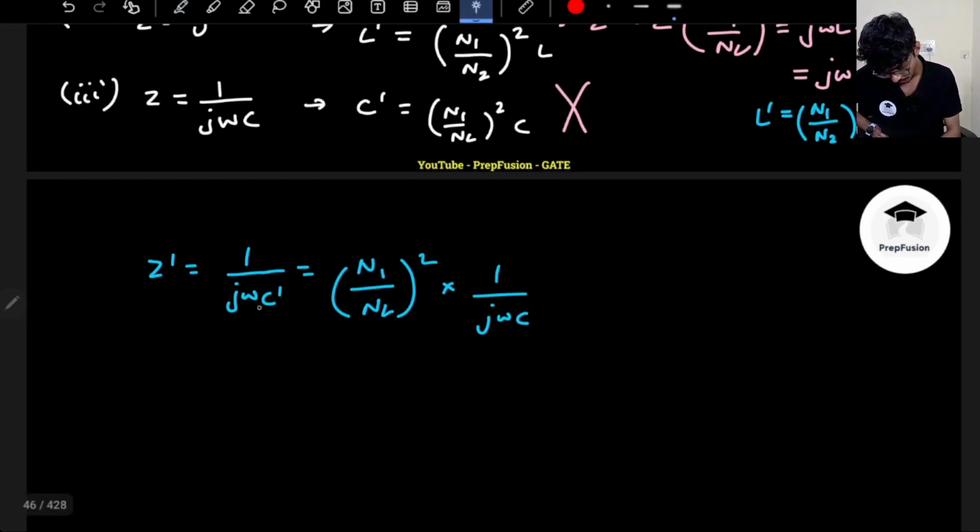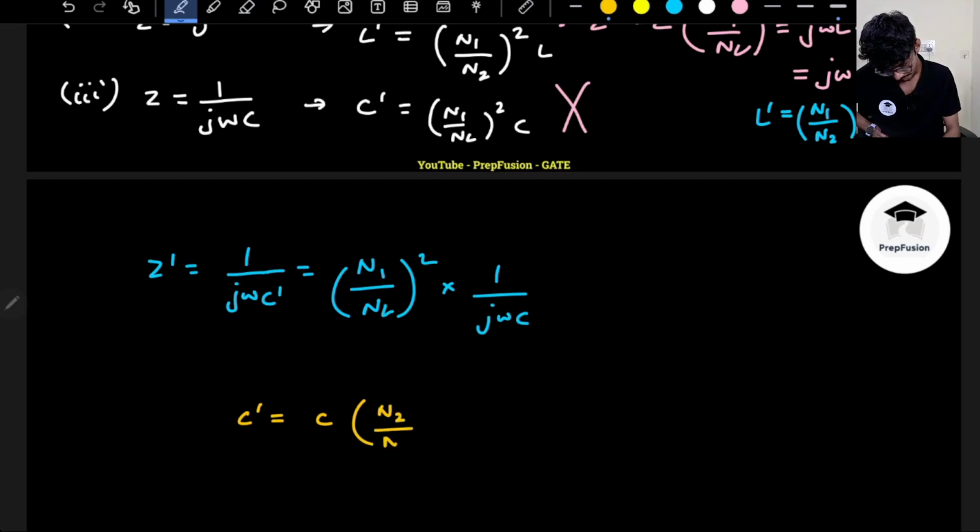Now what will happen, this j omega will get cancelled. So my C dash actually is the inverse: C dash equals C into N2 by N1 whole square. Okay, so it is opposite. For capacitance it is opposite. Just be careful regarding that. Except that, everything is fine.